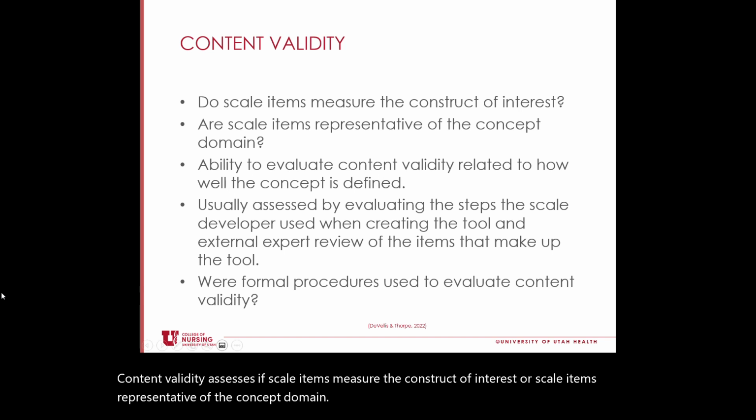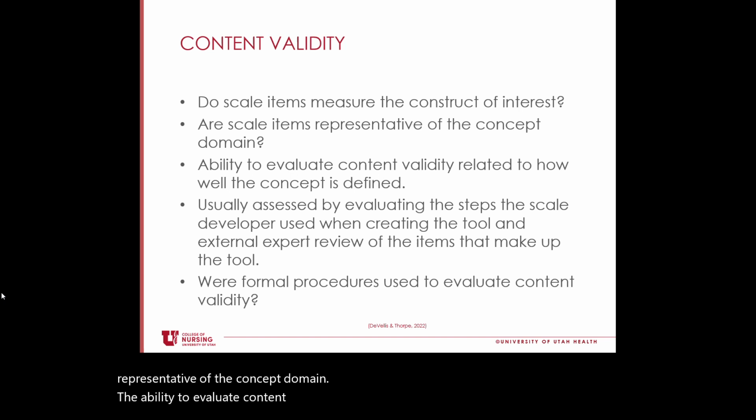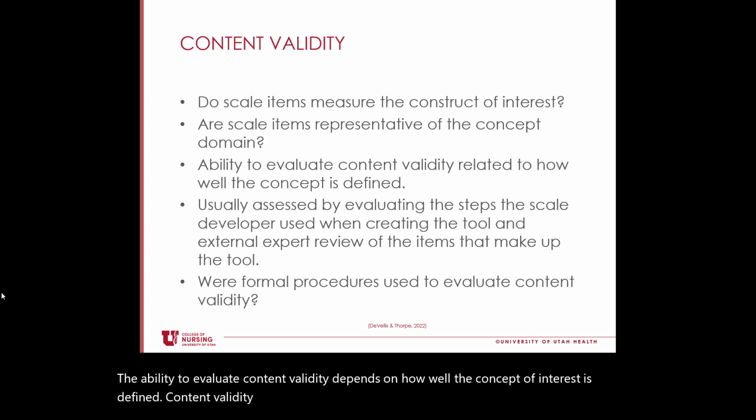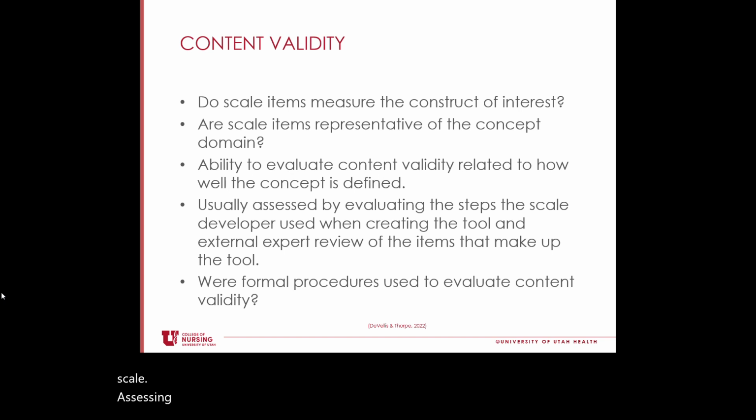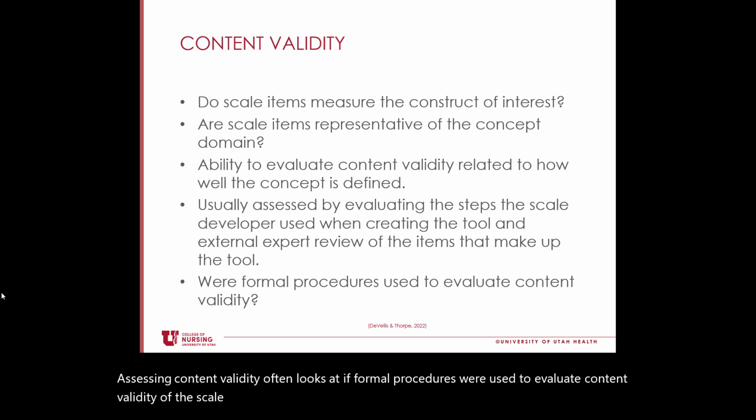The ability to evaluate content validity depends on how well the concept of interest is defined. Content validity is usually assessed by evaluating the steps the scale developer used when creating the tool and if there was external expert review of the items that make up the scale. Assessing content validity often looks at if formal procedures were used to evaluate content validity of the scale and how rigorous those procedures were.